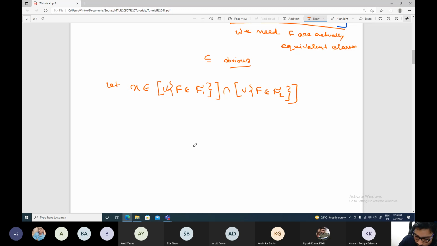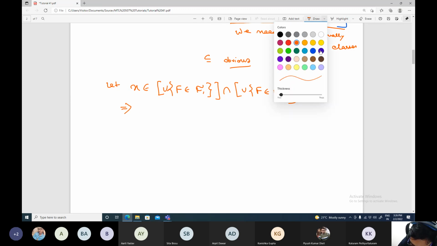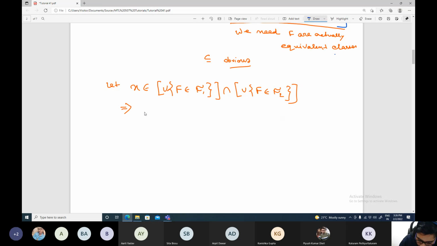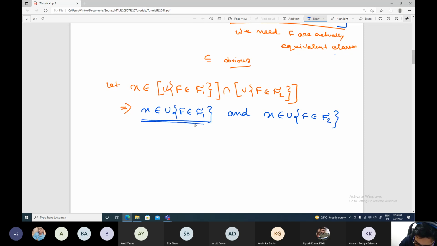Now x belongs to here means x belongs to this one, and this union also belongs to F2, right? So what does it mean? x belongs to this union.